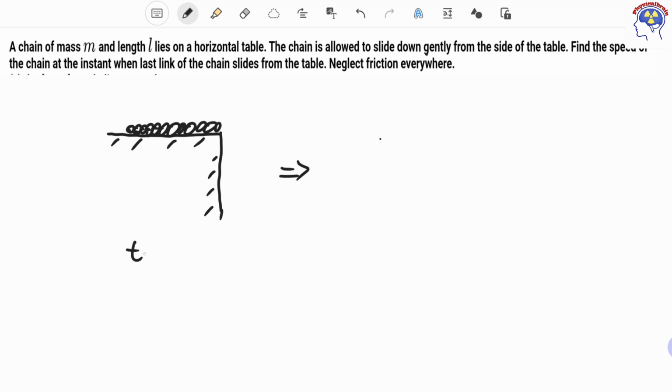So if this starts at t equals 0, after a while at t equals t tag, we're looking at the same table, and the chain already moved a little bit, so that a part of the chain with the length x is hanging under the surface of the table.